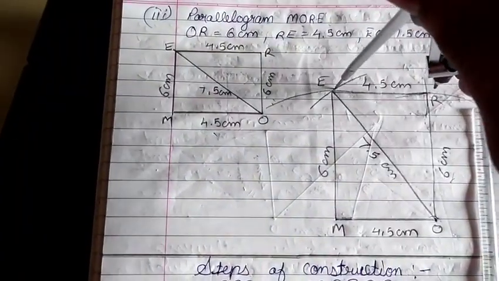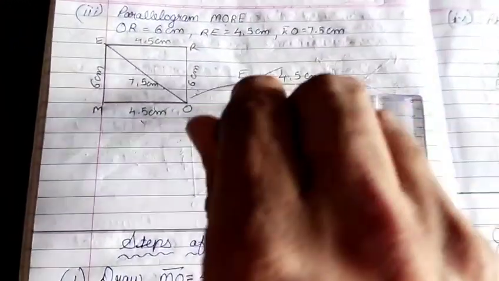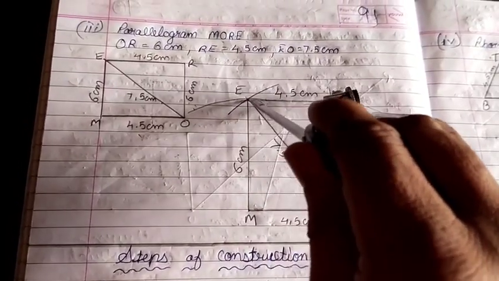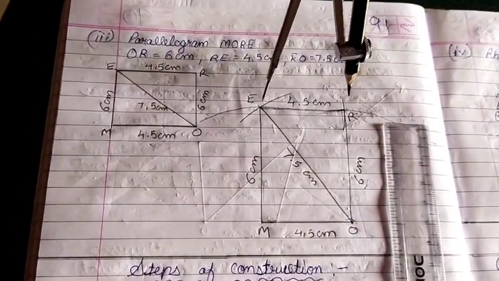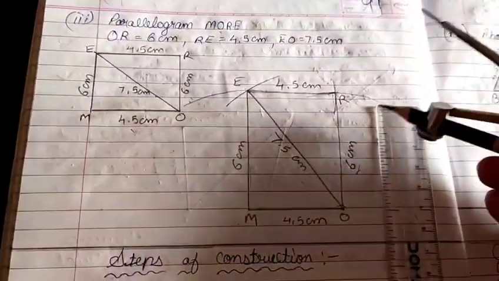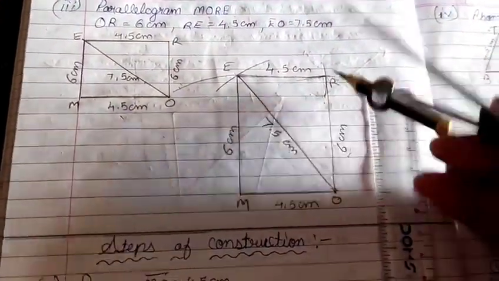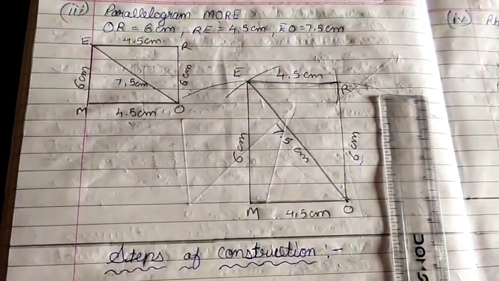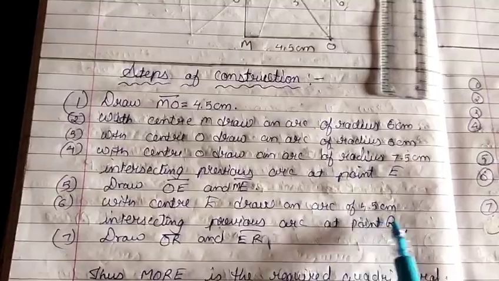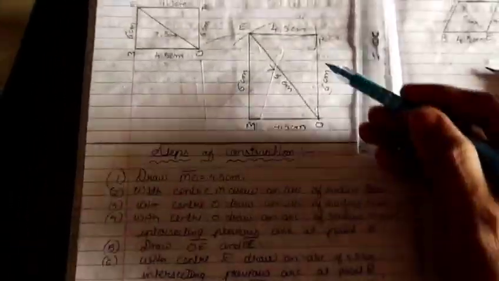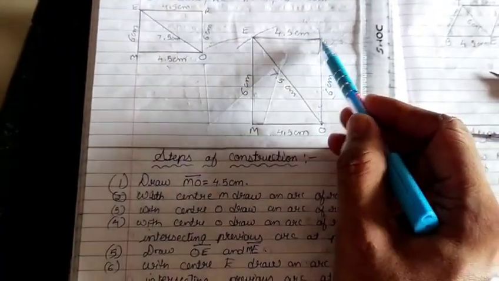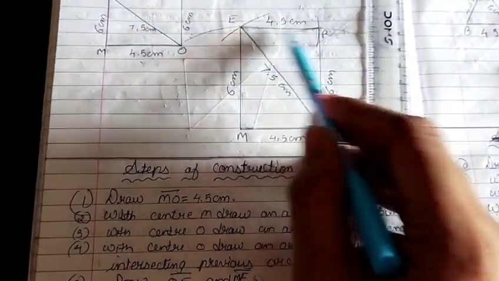Now place it on E and draw an arc of 4.5 centimeter which intersects the previous arc at point R. So write down, with center E, draw an arc of 4.5 centimeter intersecting the previous arc at point R. Now draw OR and ER, or RE.